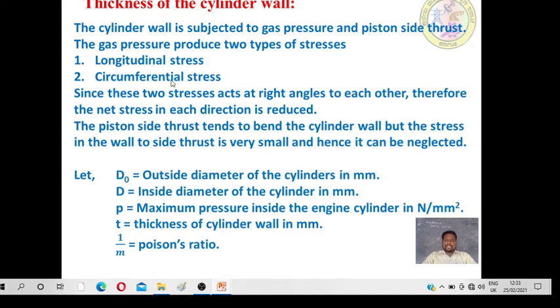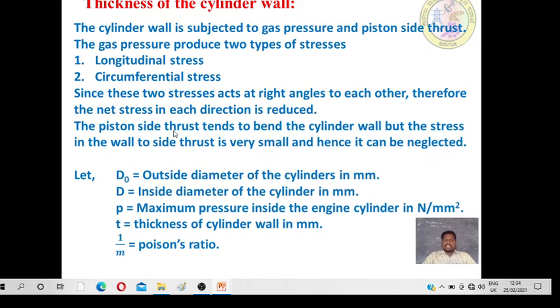So whenever two stresses act at right angle to each other, the net result of those two stresses will definitely be reduced. So here also, since the longitudinal stress and circumferential stress are acting at right angle to each other, the net stress is reduced. The piston side thrust tends to bend the cylinder wall, but the stress in the wall due to side thrust is very small, and hence it can be neglected.